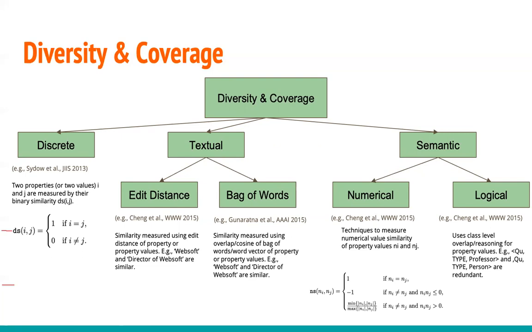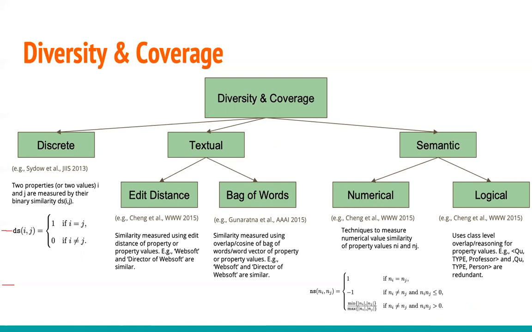That means given the property or property value, you use textual edit distance measures to see how similar or how dissimilar they are. For example, you can take the string WebSoft and director of WebSoft. They can be considered similar because they have some overlap, using edit distance.